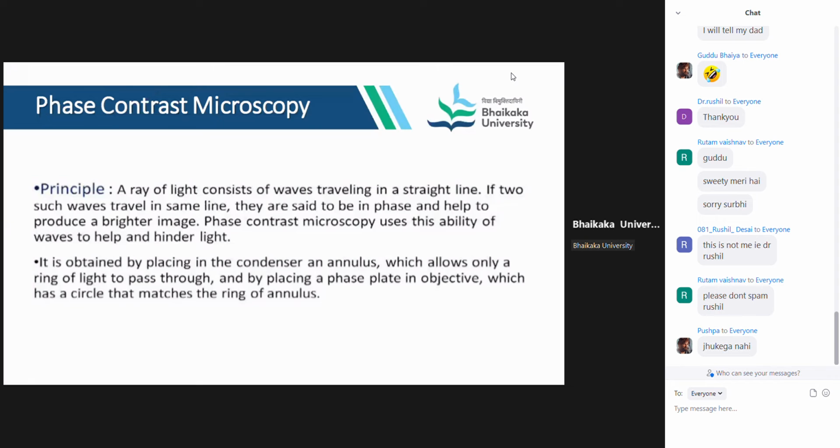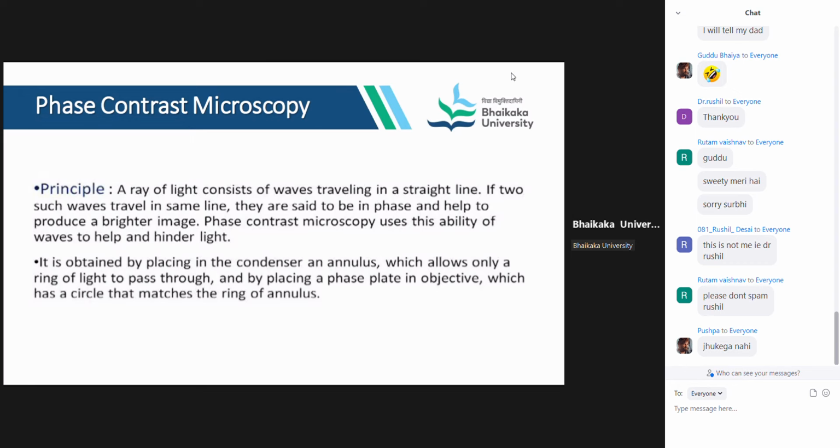This phase contrast microscopy uses this ability of waves to help and hinder the light. It is obtained by placing in the condenser an annulus, which allows only a ring of light to pass through, and by placing a phase plate in the objective, which has a circle that matches the ring of the annulus.